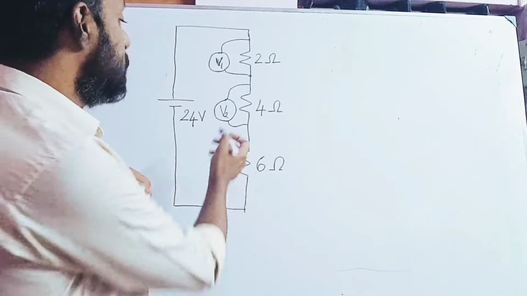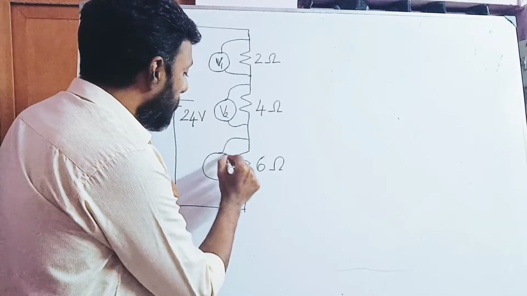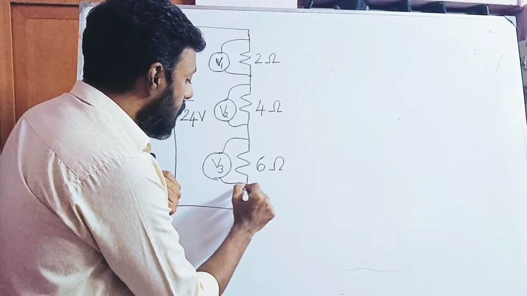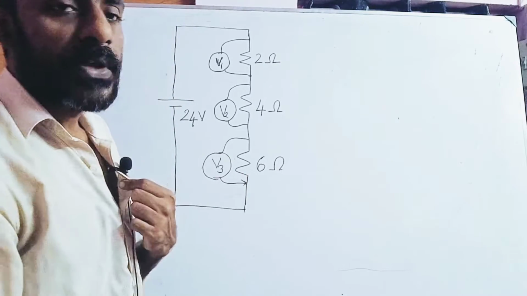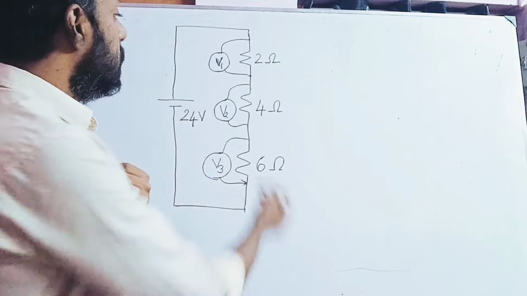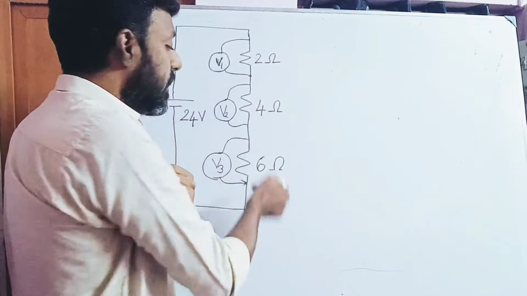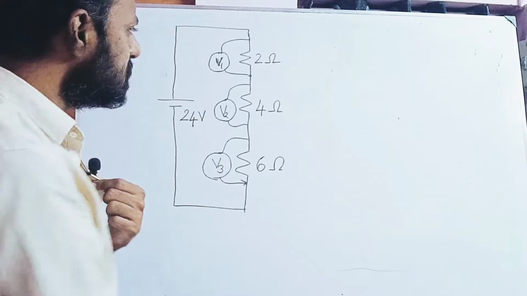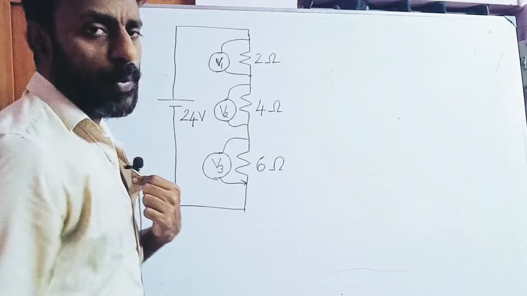And if I connect another voltmeter across the 6 ohm resistor, I will get a reading V3. So the examiner is asking us to find the individual voltages developed across the resistances connected in series in this circuit. We need to find the values of V1, V2 and V3.